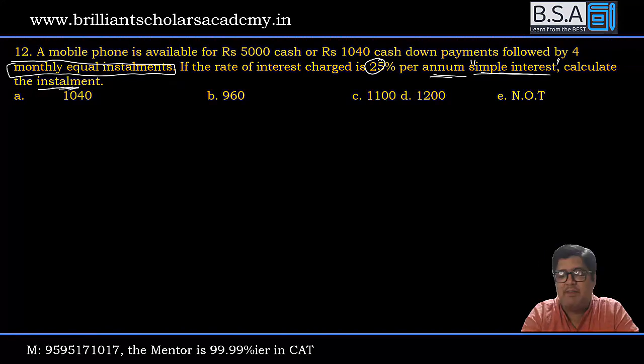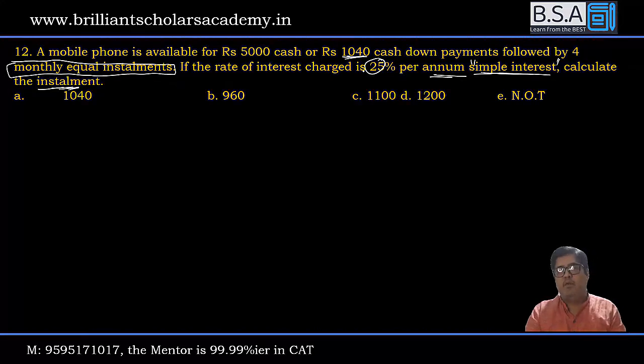A part of the payment has been made, 1040 as down payment. So the loan falls down. The loan will decrease. The loan is no longer 5,000. You are making a down payment.